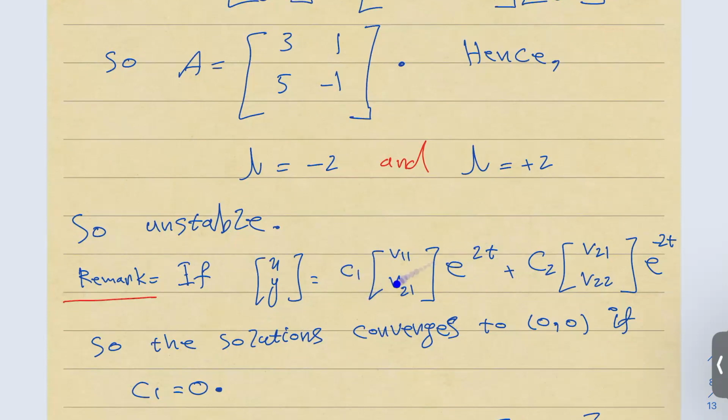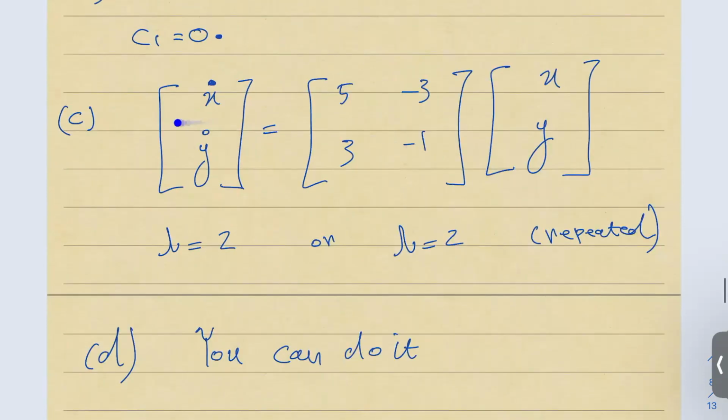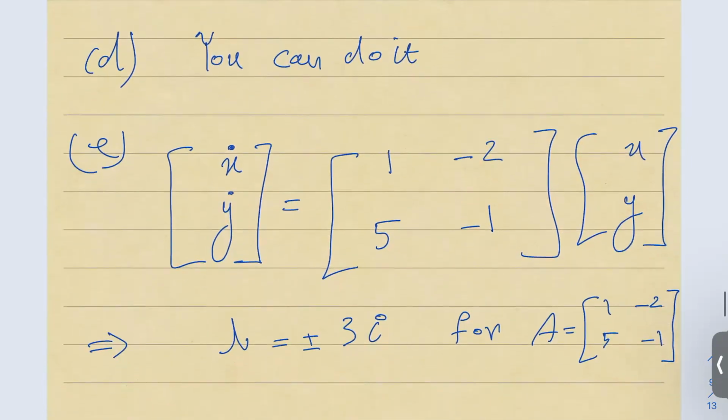If this is 0, then we can say something about the stability of 0, 0, provided that C1 is 0, because with C2 e to the -2t, we have a negative exponent here. C is this guy, so I'm sure you can do it.